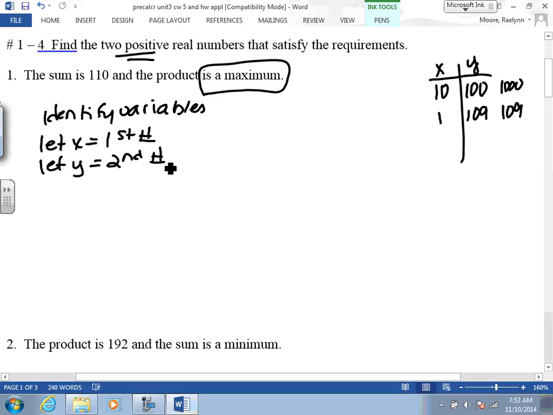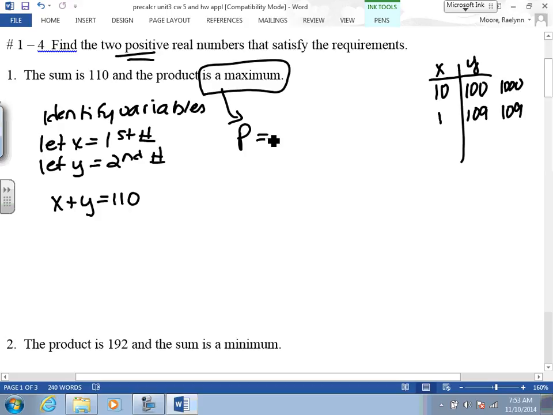And when we find the sum, what operation do we do? Addition. So we have x plus y equals 110. We have two numbers that add up to 110. Now, we want their product to be at a maximum. So take the product of these two variables.